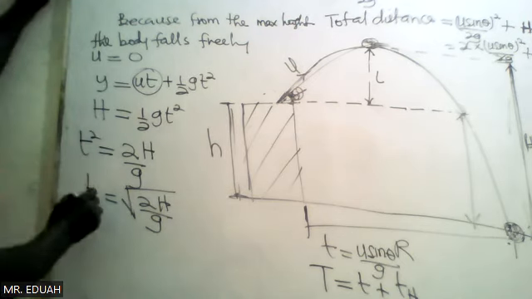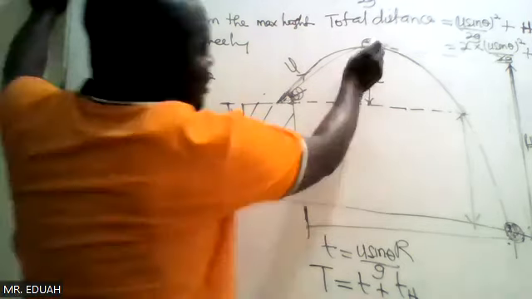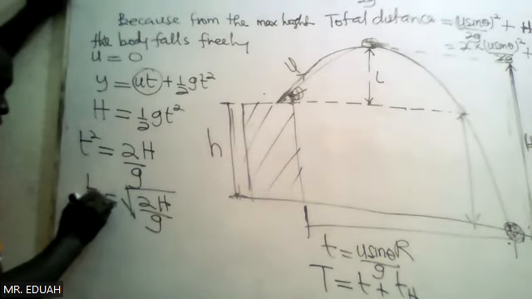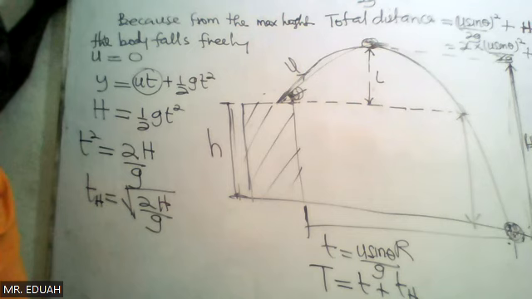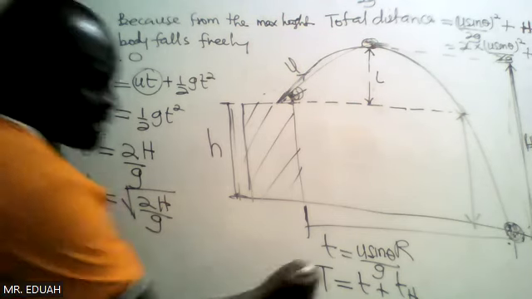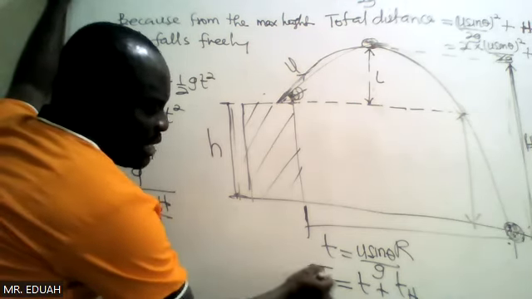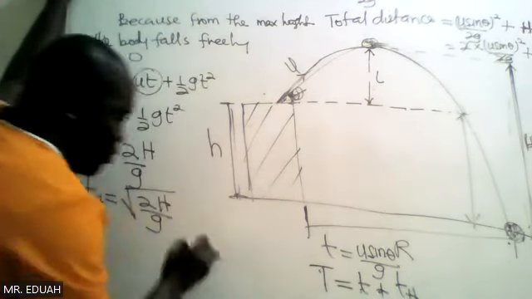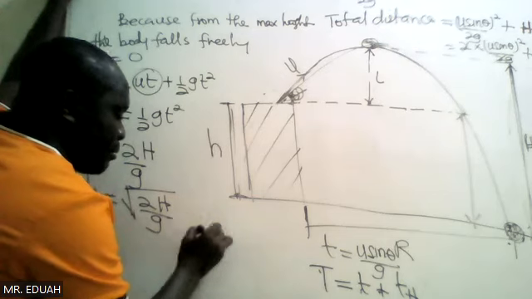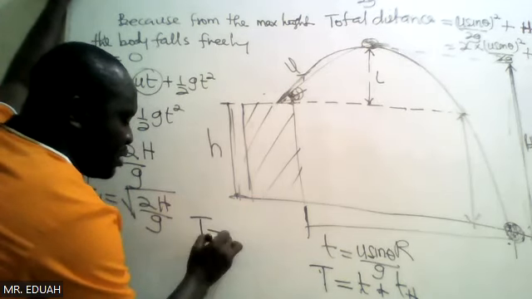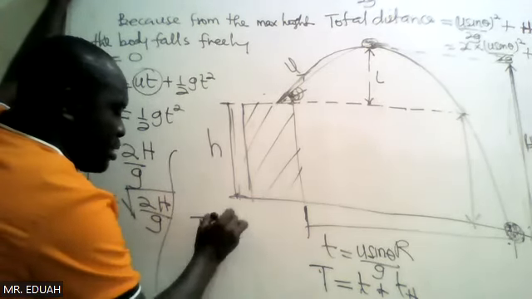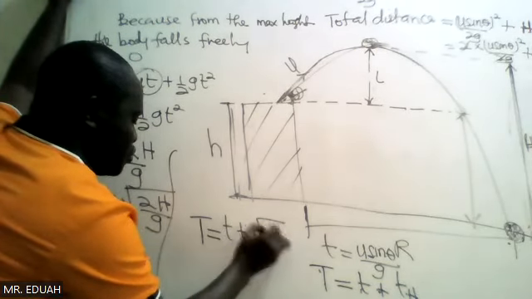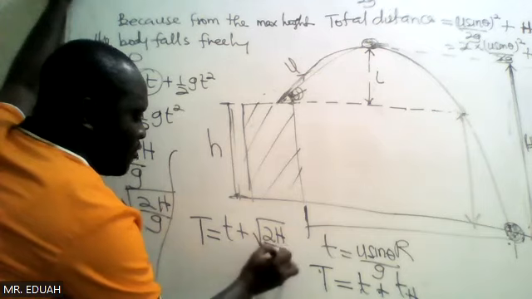And don't forget, this t is the time taken to move from the maximum height to the ground, which I'm calling tH. So the time of flight, capital T, is t plus this. So I have my time of flight, capital T, being equal to t plus the square root of 2H over g.